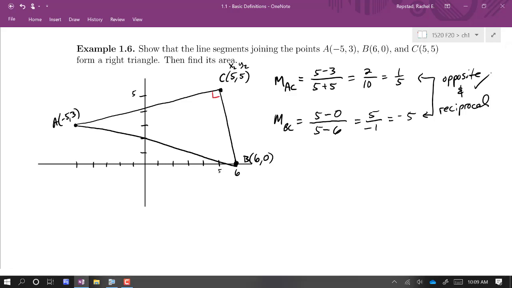And then they say, then find its area. Now, because we have a right triangle, that means that we have two perpendicular lines. That means I could treat one of these lines like it's the base, and one line like it's the height, and I can use 1/2 base times height.